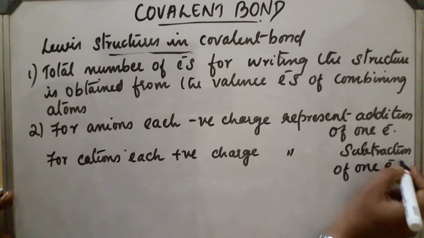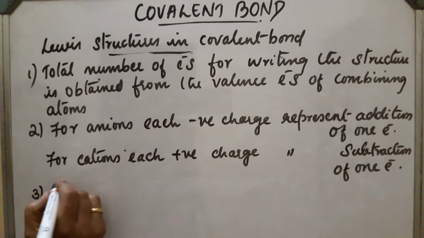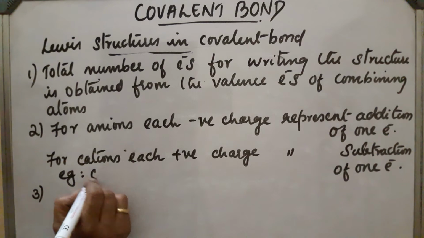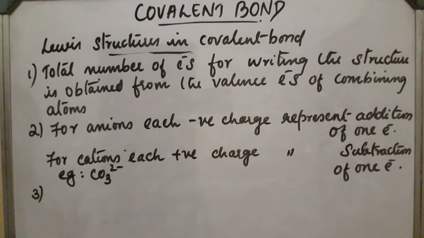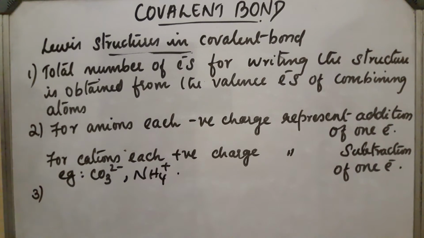Then third point, here we can write examples. In the case of CO3 2 minus, 2 electrons are added into the compound. Then NH4 plus means 1 electron is less in the NH4 compound.